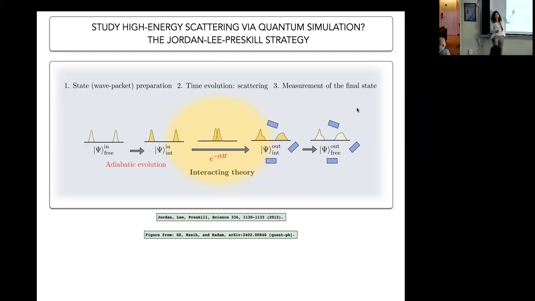So you have particle excitations, then you have to give them some dispersion so that you can actually move them towards each other. In the far past, they're far away from each other, they move into each other, and then they start to interact. You can turn on these interactions adiabatically or in some other ways, but you have to make sure that you start from something that is non-interacting, and then it becomes interacting with the Hamiltonian of the system, it evolves, it collides.